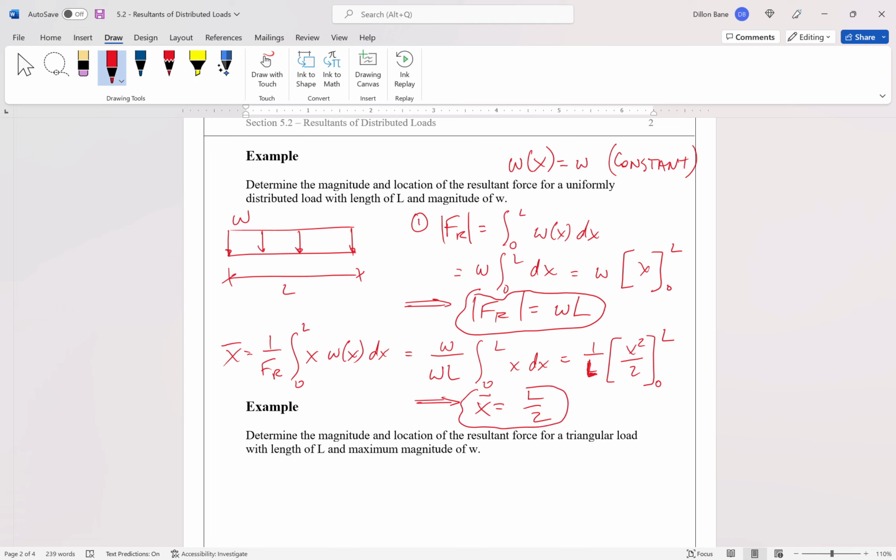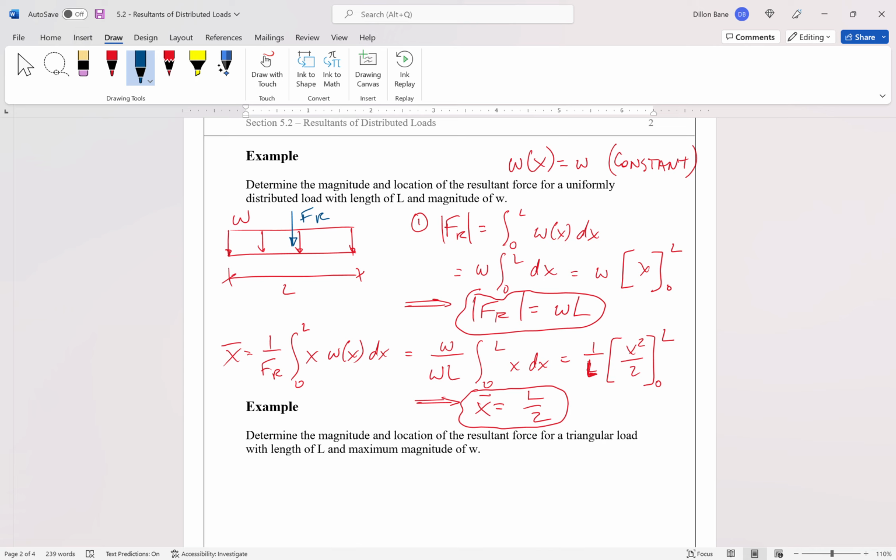Again, let's just take a step back from this now and ask ourselves, does that make sense? If I've got 100 pounds per foot for 10 foot, we know that the total load there is 1,000 pounds, right? Well, if our load is uniformly distributed, does it not make sense that the resultant load would just act right in the middle?